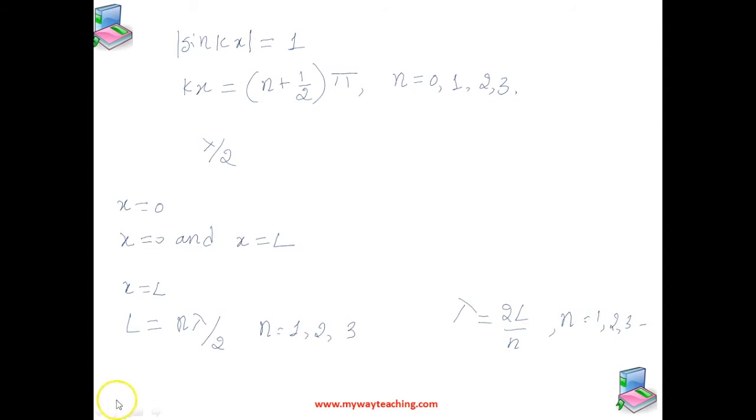Using this, we can write the corresponding frequencies as n v by 2L, where n is equal to 1, 2, 3, and it goes on.